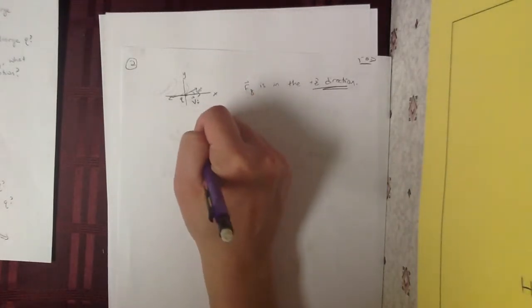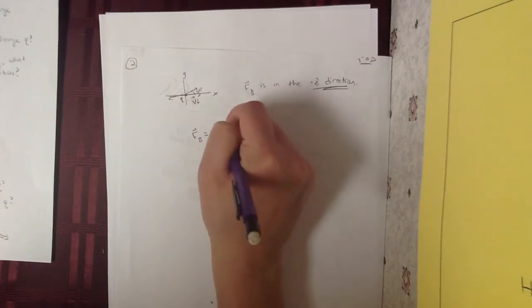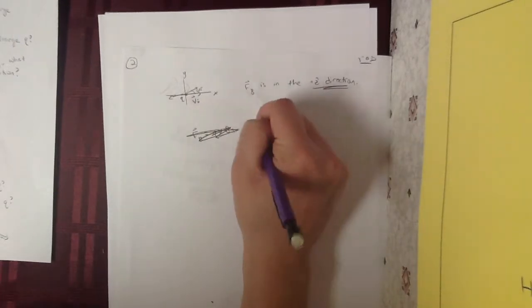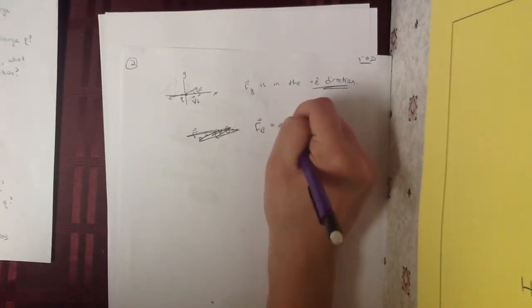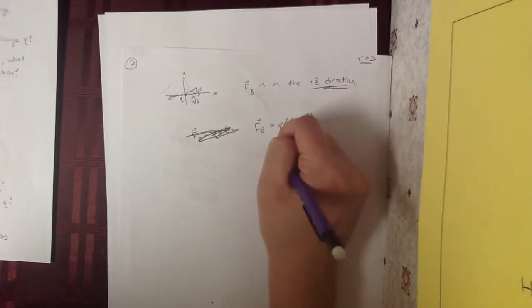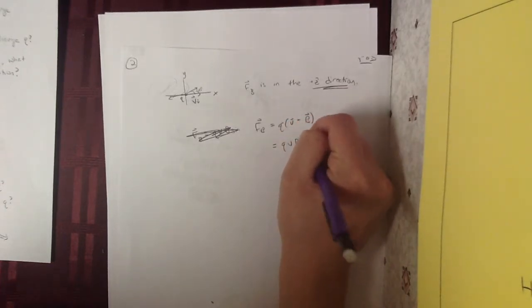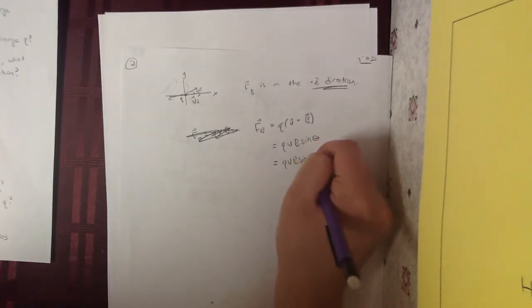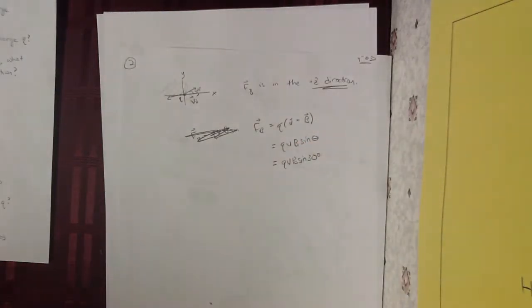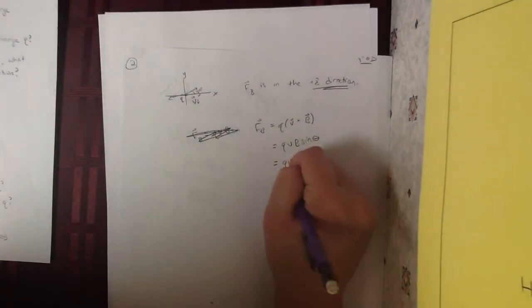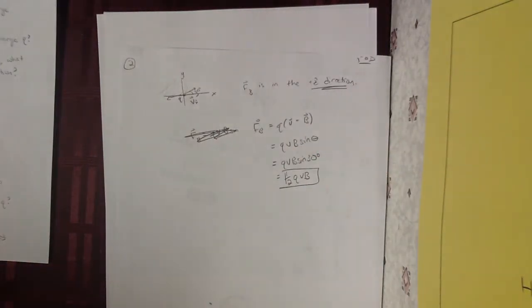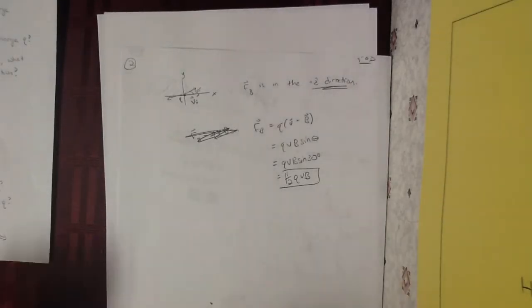FB is equal to Q times V cross B, which is the same thing as QVB sine theta, which is the same thing as QVB sine of 30 degrees. And I believe the sine of 30 degrees is 1/2. So this is your answer. Let me just double check on that and make sure it's true. I think so. Yes. Excellent. So this is your answer, and then you're done.